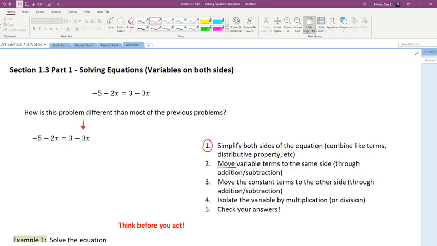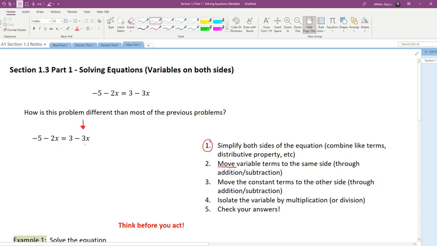Some of you are going to have an inclination to want to divide by 3 to start, because you're used to, hey, whenever that variable is there, we usually divide. But dividing by 3 would only serve to split the 3 off of the x. We don't want the 3 to go away. We want the whole thing to go away.